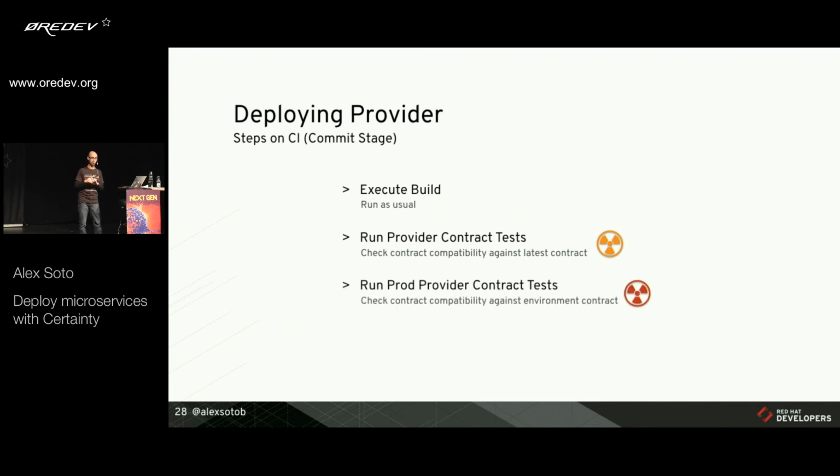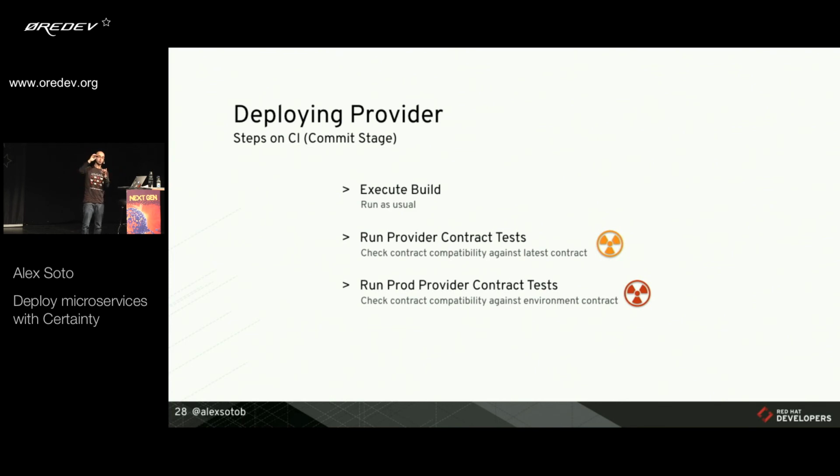But then what you're going to do is run the provider test against the production contract. And this production contract is the contract followed by the consumer that is in production, right? It's quite complicated, but I think you get what I mean.